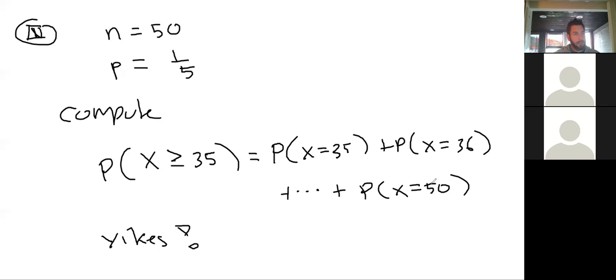Either way, yikes. And so it should also be pointed out that these are all binomial probabilities. So I want you to do it that way, suffer through it, and then do it using the approximation.